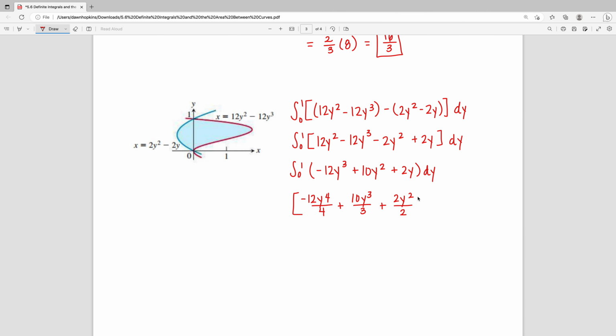I'm looking at that from 0 to 1. I will clean this up. Negative 12 over 4 is negative 3, and then the 2's will cancel on the right. So this is the same thing as negative 3y to the fourth plus 10y cubed over 3 plus y squared.